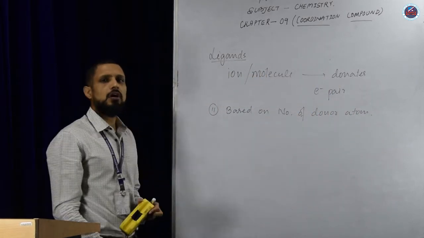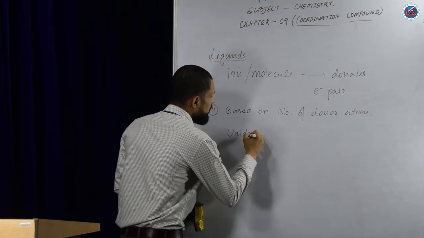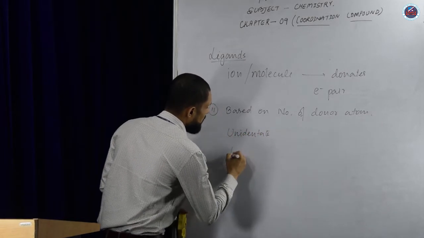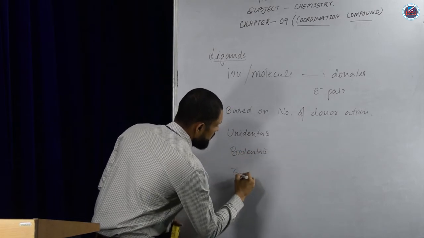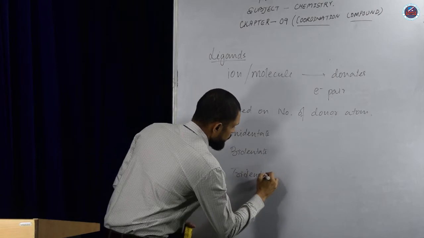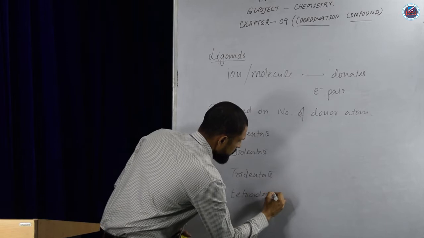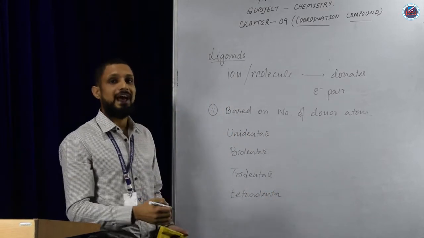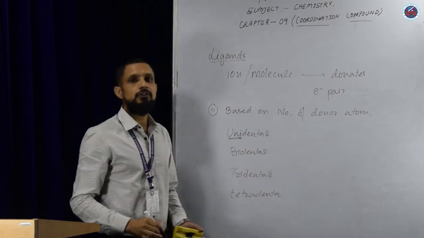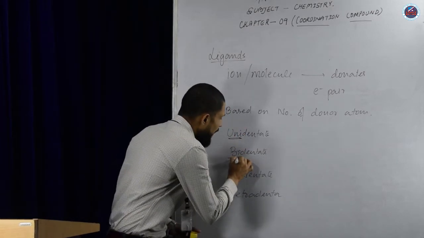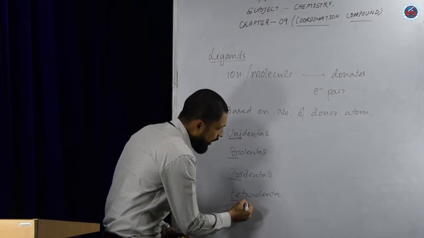So based on number of donor atoms, they are classified as unidentate, bidentate, tridentate, tetradentate, pentadentate and hexadentate. Now uni means 1, bi 2, tri 3, tetra 4.